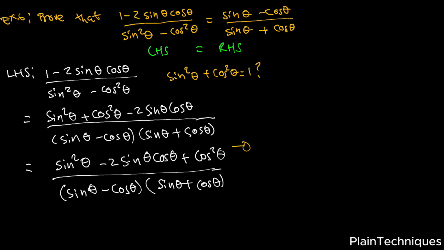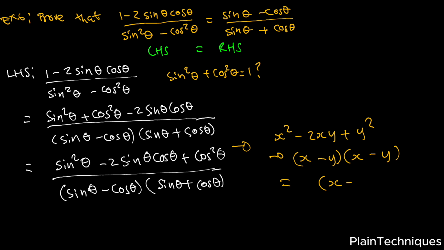The numerator is the same as x squared minus 2xy plus y squared. When you have this, how would you go about it and factorize? I'll have something like this: x minus y, and then this will be x minus y squared because they are the same, right?